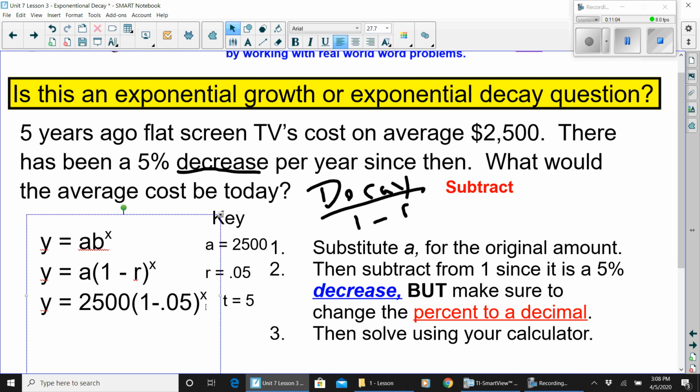All right, so basically when I put this together, I have y equals 2,500, and then I just put the whole thing into the calculator, but you have 1 minus 0.05 to the 5th power.